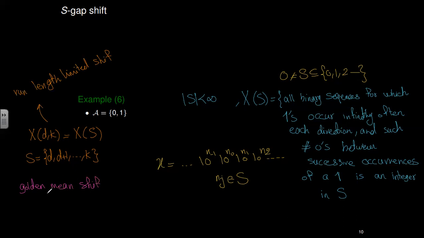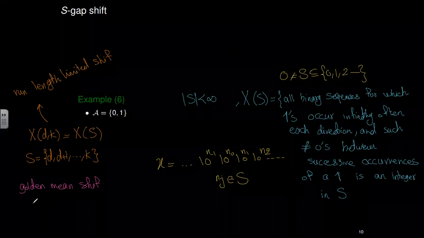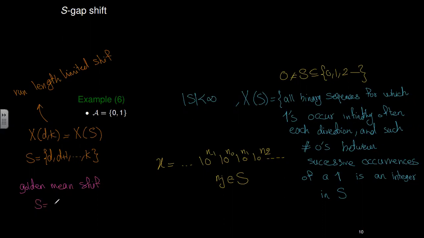How can we discuss that? We consider that the number of zeros between two consecutive 1s should be 1 or 2 or 3 and so on. Because in the golden mean shift we don't have such a restriction, here the number of zeros between two successive 1s can be equal to 0. So in the golden mean shift, S would be the natural numbers, or 1, 2, 3 and so on.